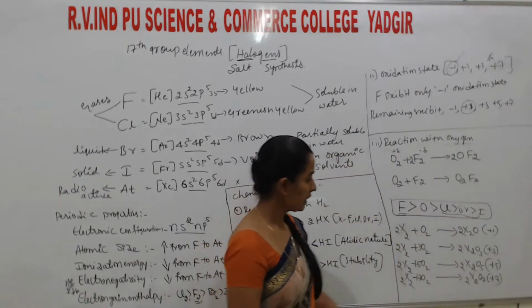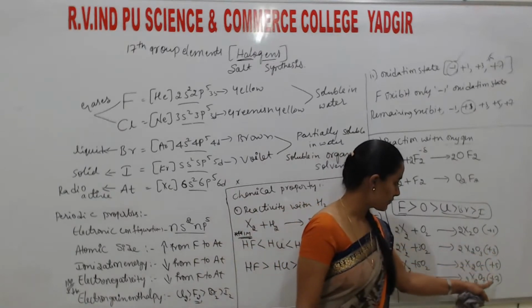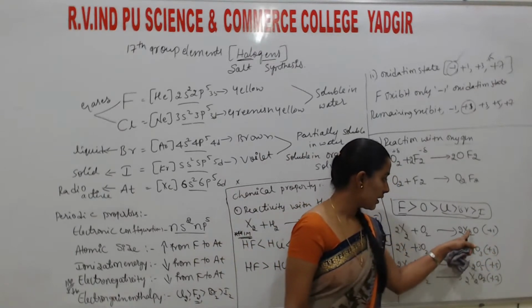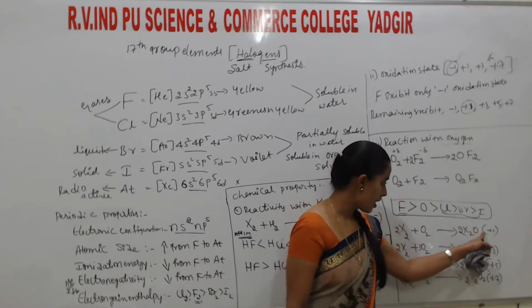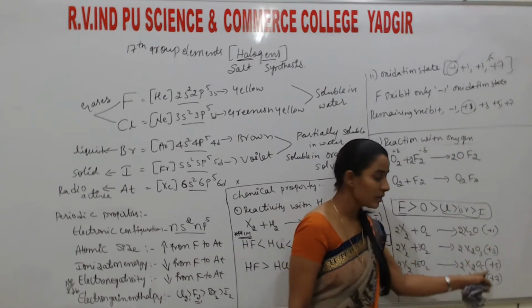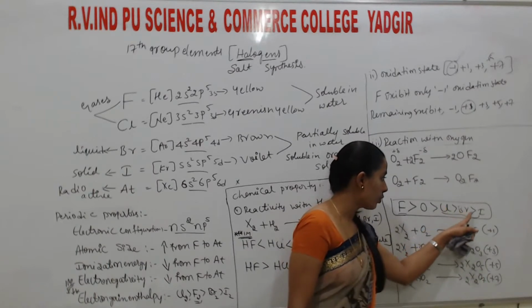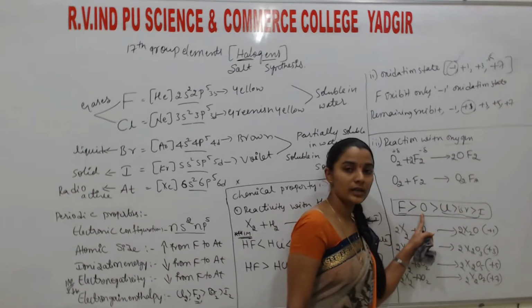Understand? Then plus 1, plus 3, plus 5, plus 7. Listen students here, X is in plus 7 oxidation state, that means halogens, and oxygen is in minus oxidation state because compared to chlorine, bromine, iodine, oxygen is highly electronegative.